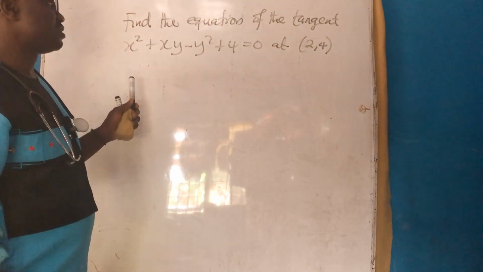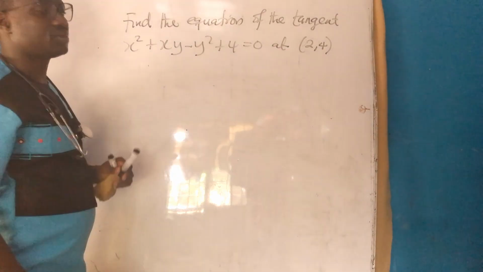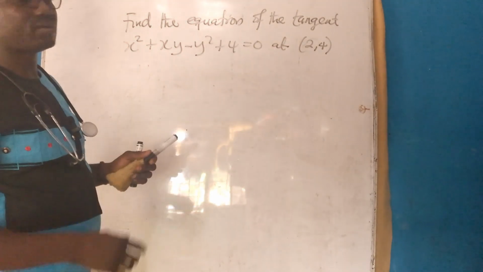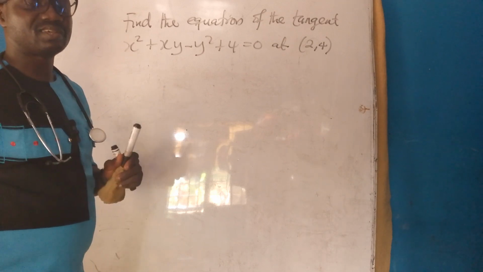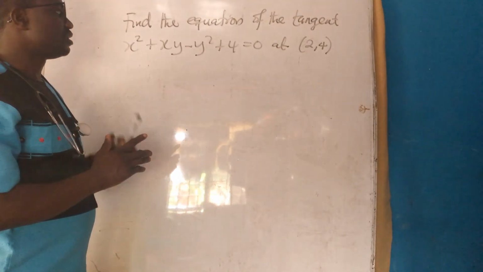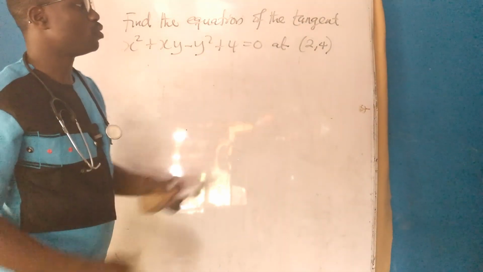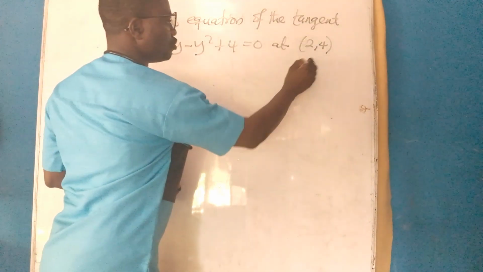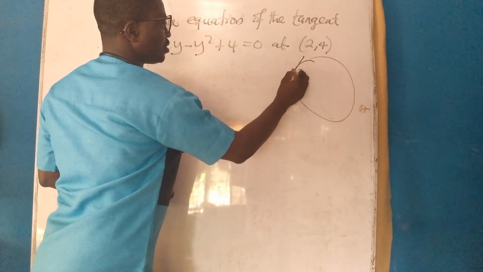What it means is that this particular equation is a circle, and there is going to be a line which is a tangent touching this circle at the point (2, 4).